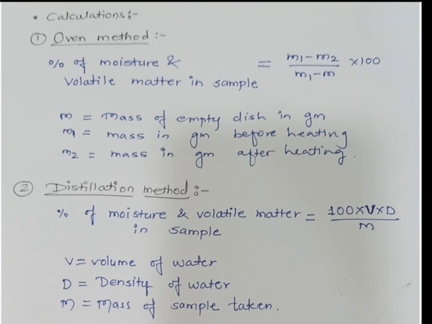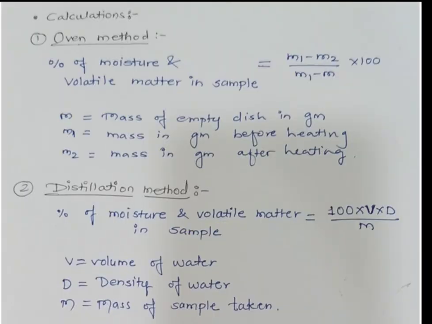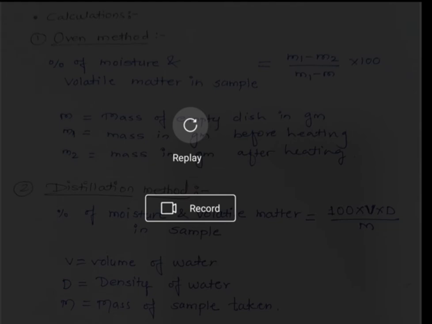M1 is the mass in gram before heating. We took 10 gram of sample in the evaporating dish, so 10 gram is the initial weight before heating. After heating the residue remains, so the weight of the residue is the mass in gram after heating.